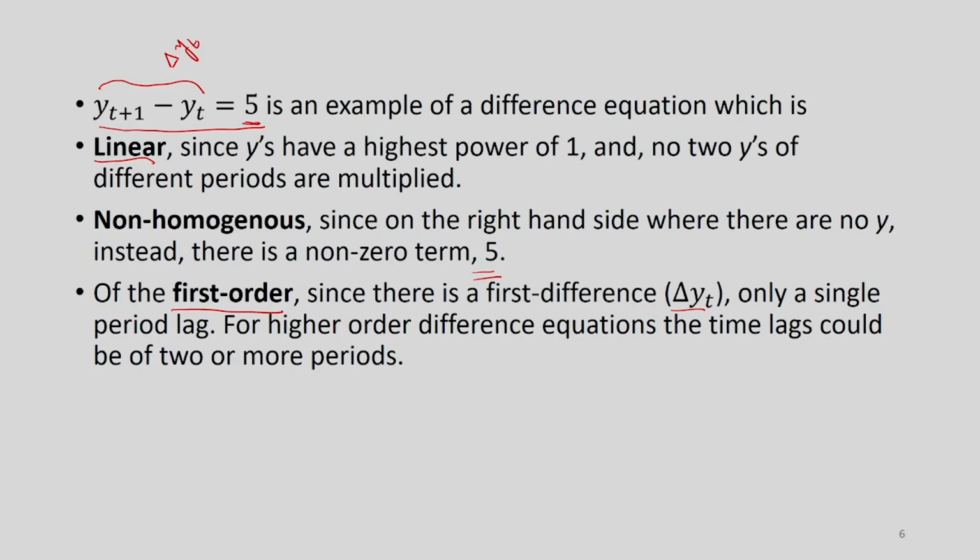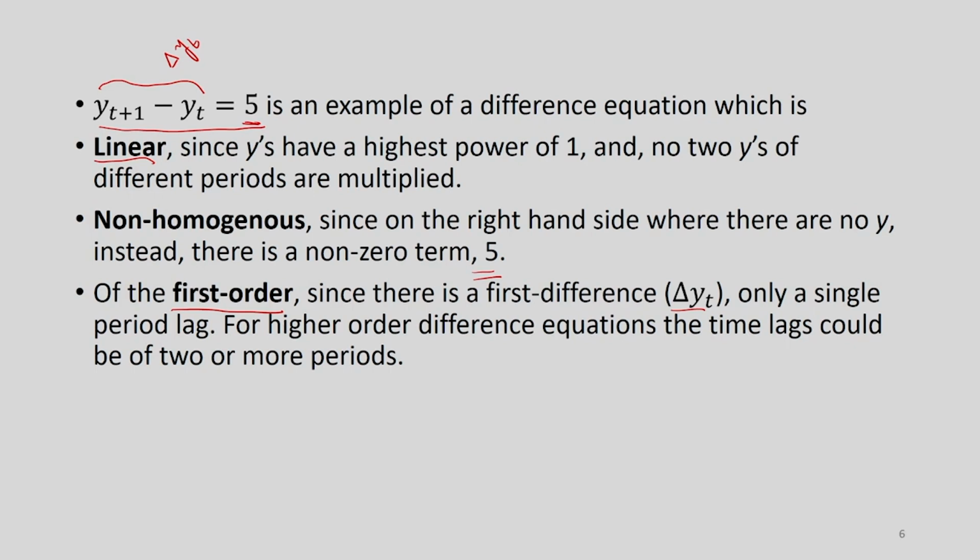Okay. So, there is just one period lag, and that means that this difference equation is a first order difference equation. For higher order difference equations, the time lags could be of 2 or more periods, right. So, we are going to talk about higher order difference equations as well after we have discussed the first order difference equations.